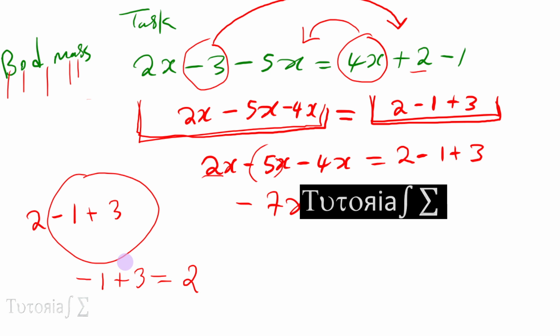So in this case, we're subtracting 3 minus 1, which is 2, and we get the sign of the bigger number, which is 3, giving us positive 2. Here we can divide by the number in front of x, which is negative 7, and this side over negative 7.